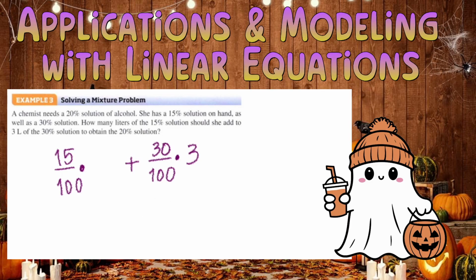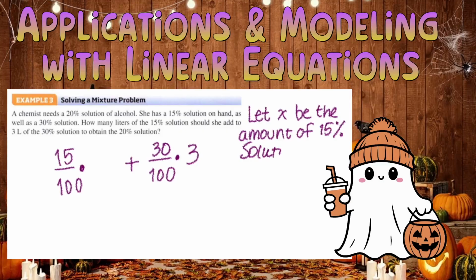So that's where the let statement comes in. Let X be the amount of 15% solution that we need.